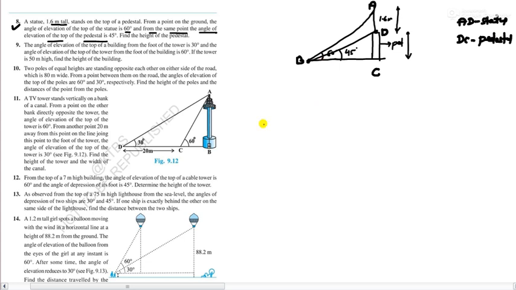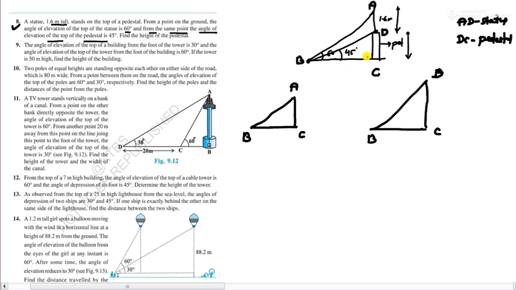If you look at this figure properly, we are getting two separate figures. If we separate them, I will name this as A, C, B, right? And sorry, D, not A. This is D, C, B. In each figure, you have to always consider this 90 degree.